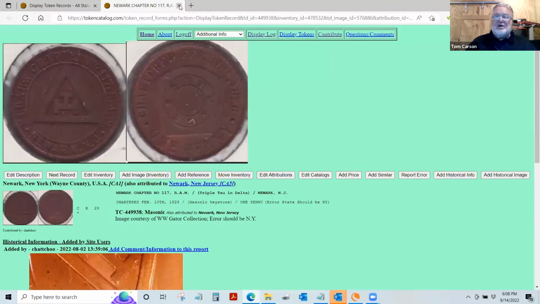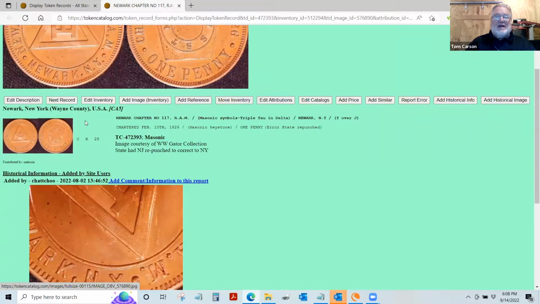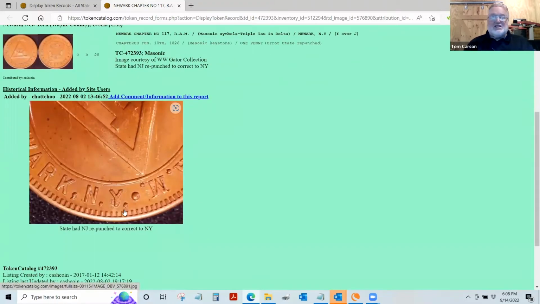Well, it should have been Newark, New York. And they went in after they did the NJ, restamped it, turned it into NY. And you can see part of the J under the Y where they restamped it.